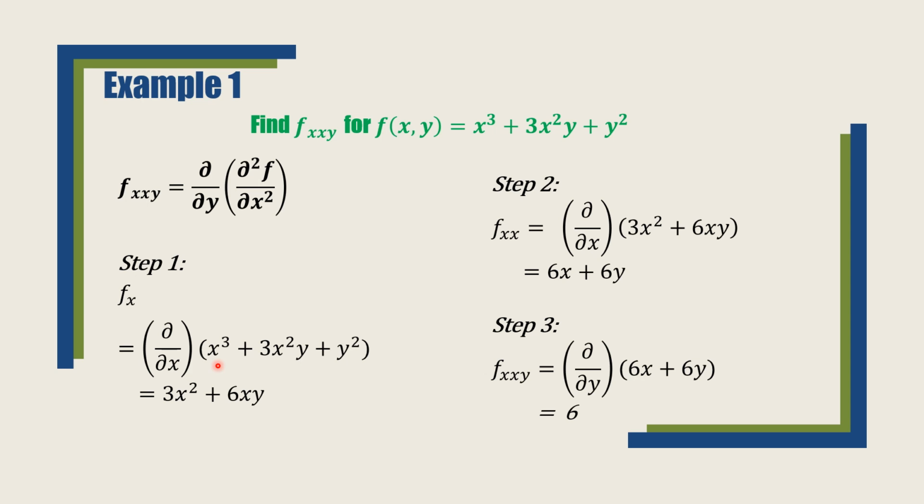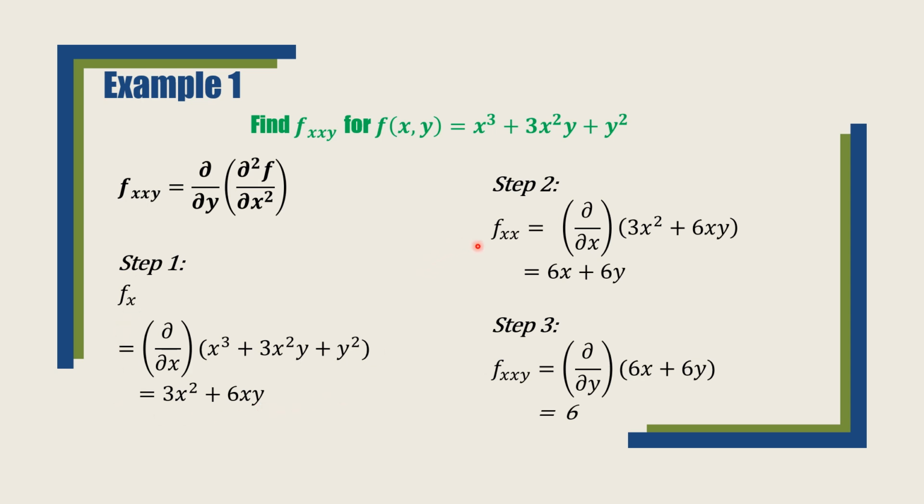Okay? So from this given, we have now 3x squared plus 6xy. This is our answer from deriving f in terms of the first x.